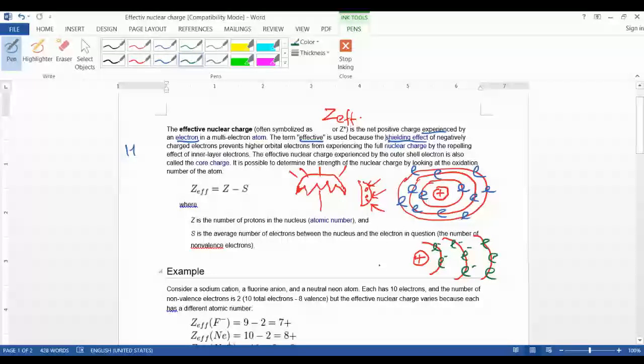So the question is how this shielding effect works. This shielding effect is due to the electrons. First I tell you, this one is the valence shell, the last shell, and the first shell, this one is the core shell, the first shell just after the nucleus, and this is the nucleus.